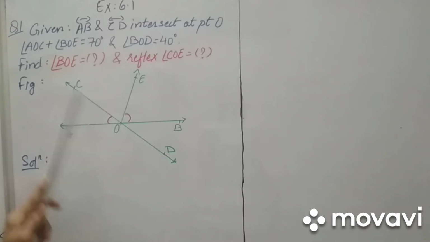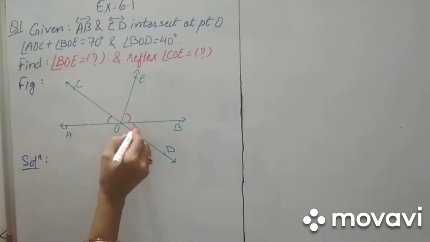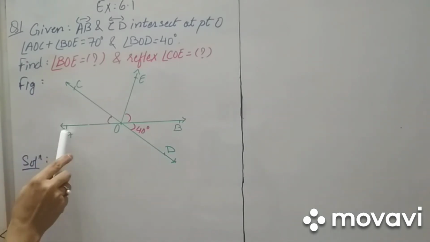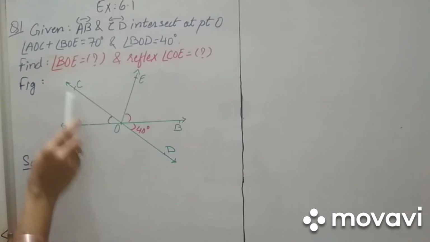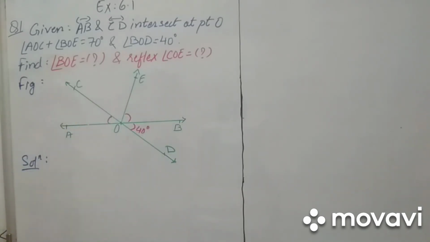The addition of angle AOC plus angle BOE is 70 degrees, and angle BOD is 40 degrees. Now, by looking at this figure, AOB is what sort of line? A straight line angle.